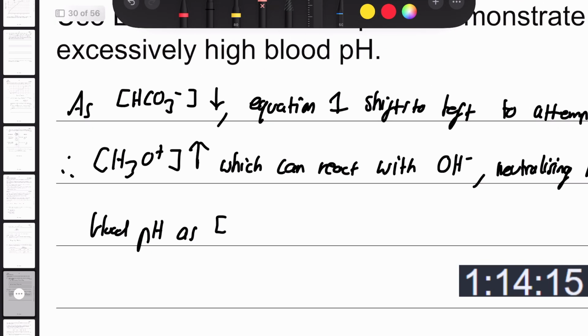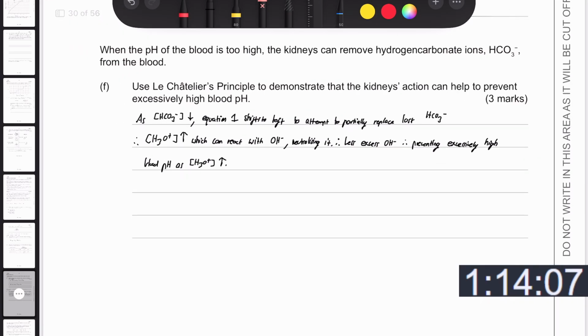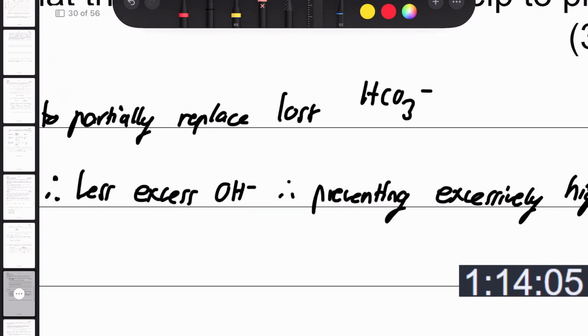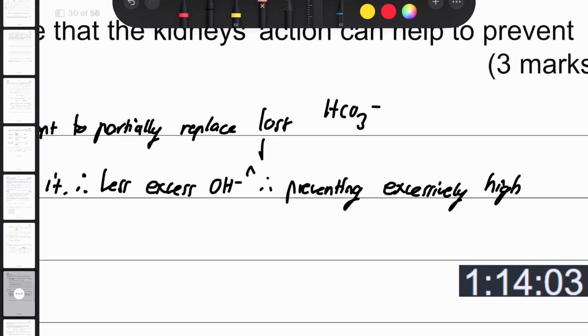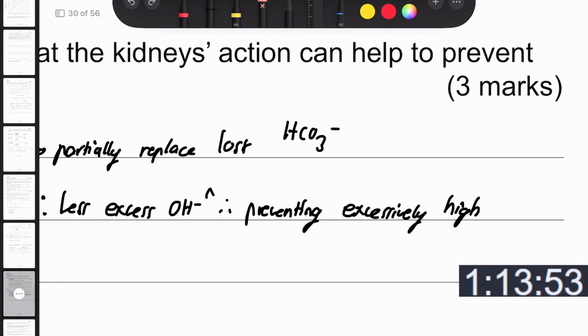As H3O plus increases, I'll say here which decreases pH. So increase pH. Wait. Less excess.